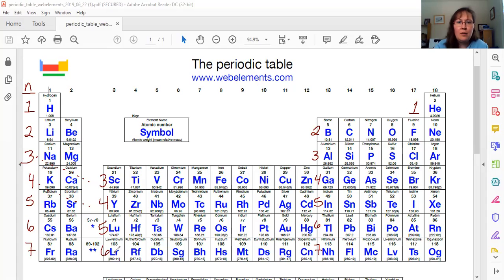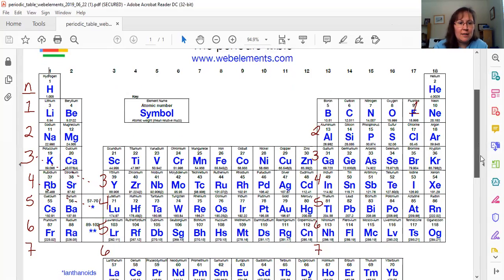Now, if we were to stop annotating just for a moment, I know that this is really hard to see.